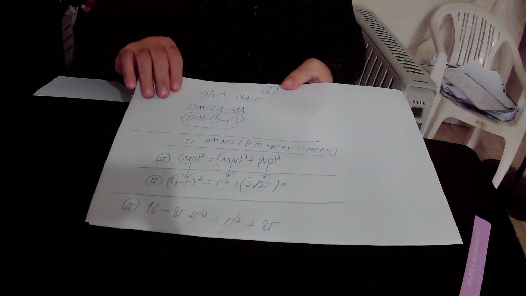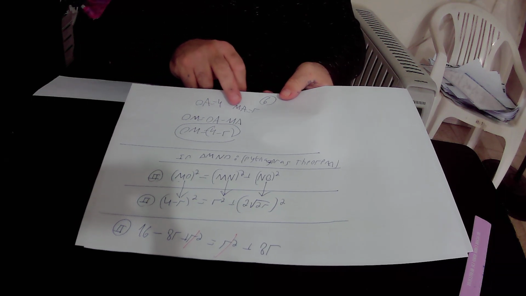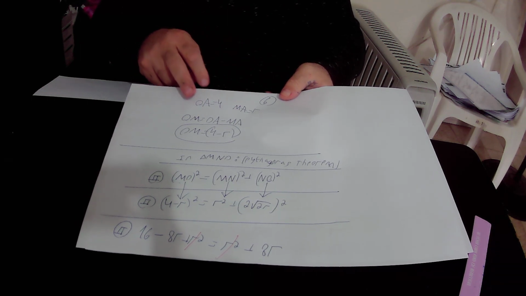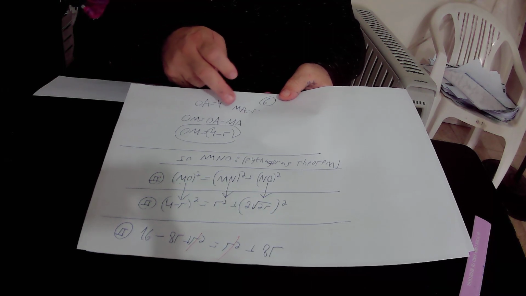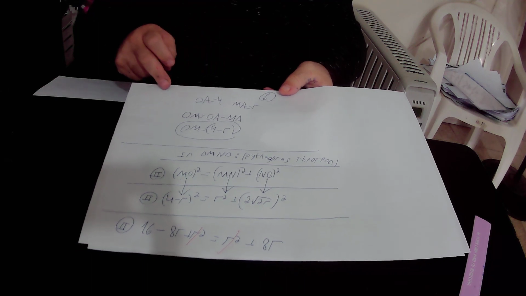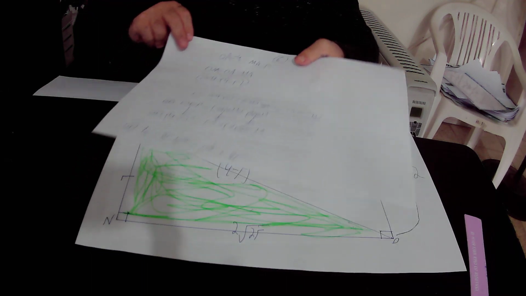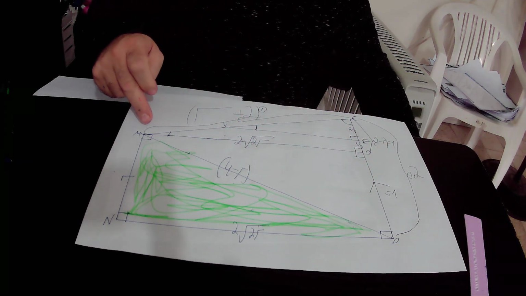And OM equals OA minus AM, that is to say OM equals OA, that is 4, minus AM or MA, that is R. In total, we found out that OM equals 4 minus R.